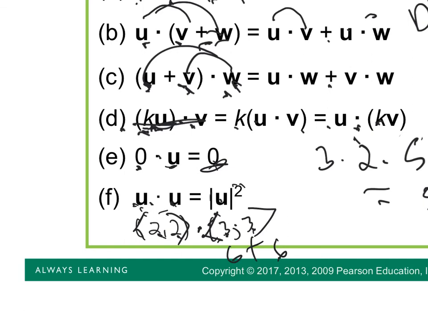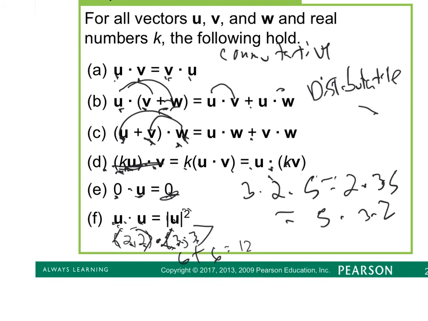It turns out to be 12. That would be the magnitude squared of u. 4 plus 4. Well, that's mathematically correct. 6 plus 6 is 12. There it is. Just didn't look right.